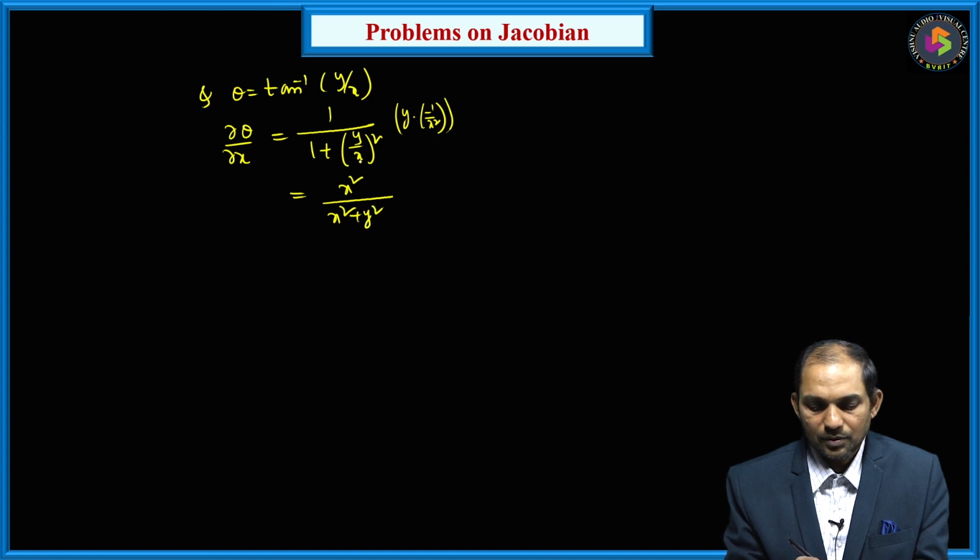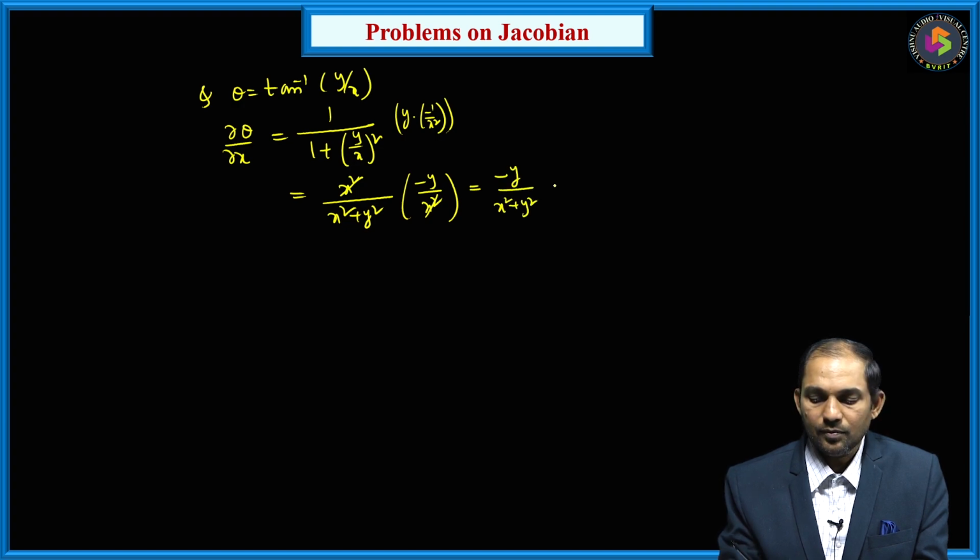I have taken LCM of this y by x square term, and here we have minus y by x square. So both are cancelled, it remains minus y by x square plus y square, and we know that x square plus y square is r square, and minus y is given by minus r sin theta. So r cancelled one time, it will be minus sin theta by r.